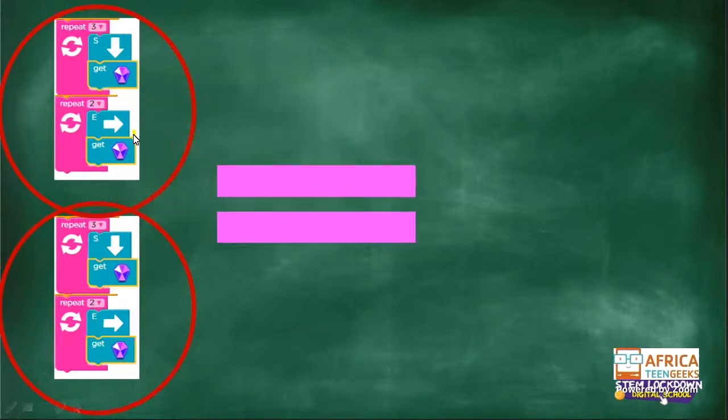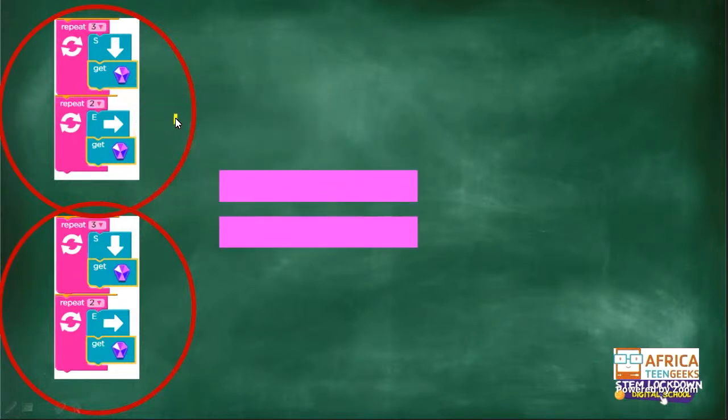They are the two together, and here the other two together, and again you can see that they are the same. So instead of writing them 2 times, the quickest way, the fastest way, using fewer blocks, will be to put them in a repeat block.